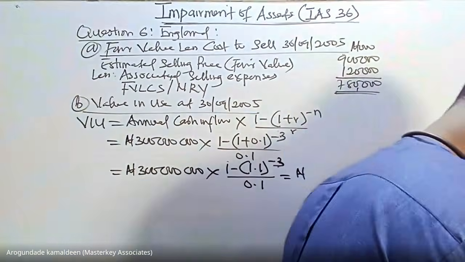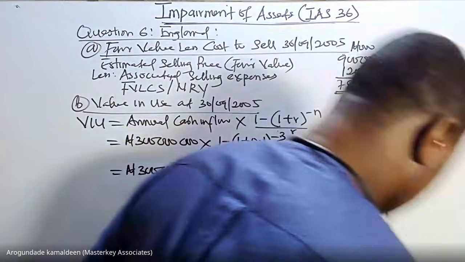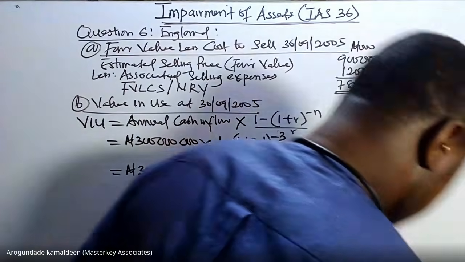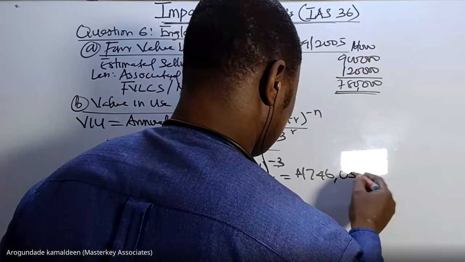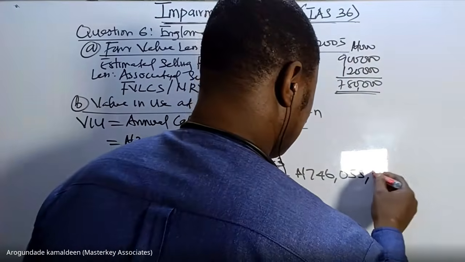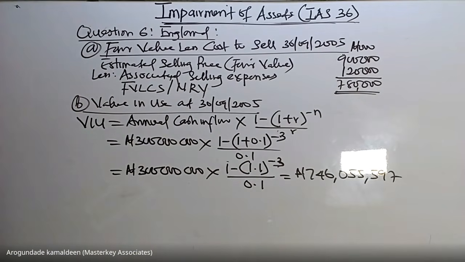And if you like, do it the same way: year 1, year 2, year 3. You are still on the same point. 746,055.597. I use this because we are having the same cash inflows for the next 3 years.